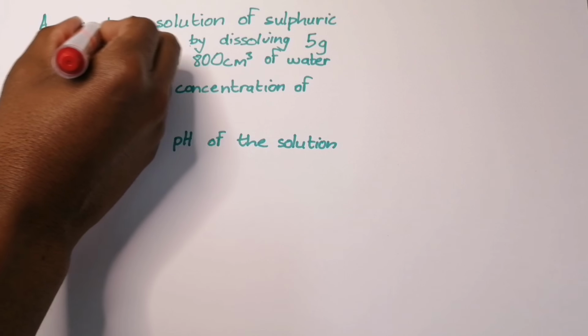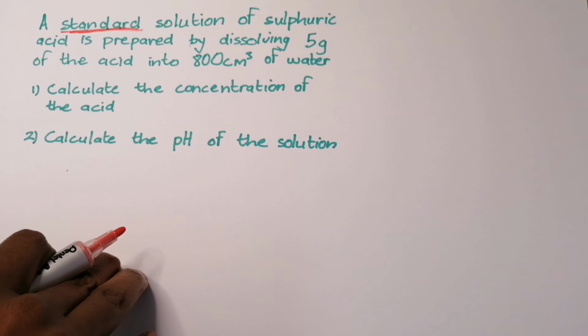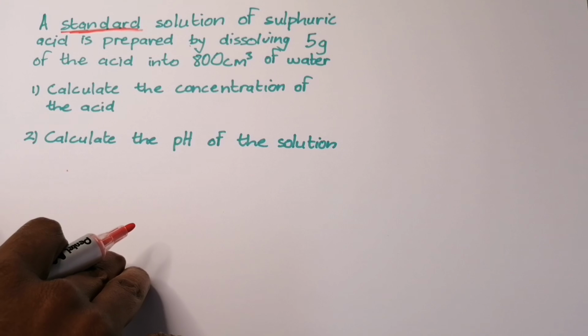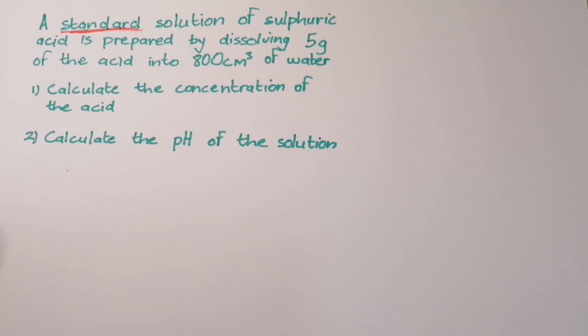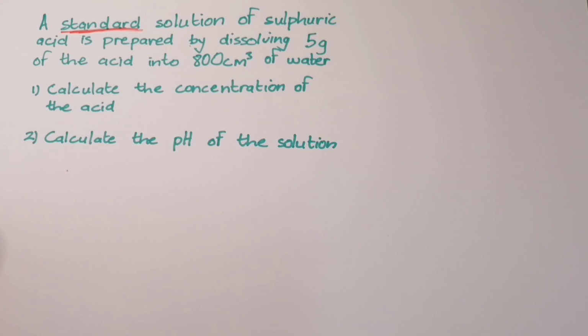So just please remember that. When we talk about a standard solution, we're talking about a solution whose concentration is known exactly, right? So in this case, remember, what do we need to calculate pH? We need the concentration of the hydronium ions, okay?